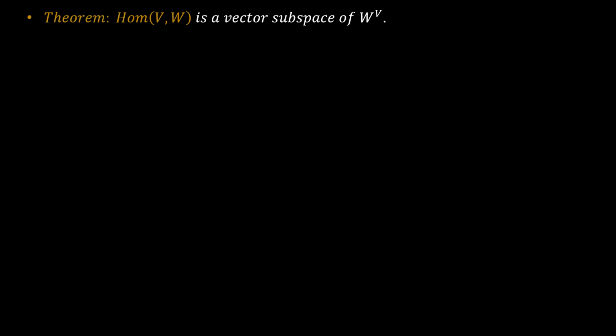Our definition of a homomorphism of VW is the set of linear mappings that transform items from the vector space V to a vector space W.